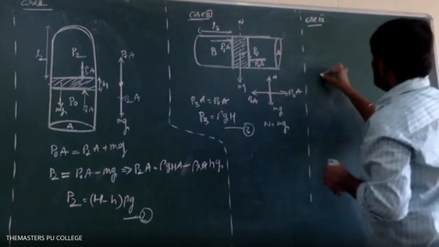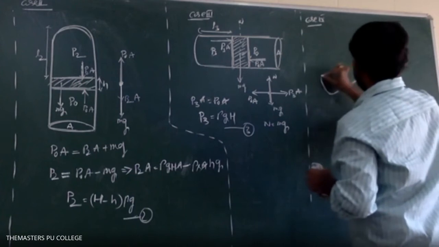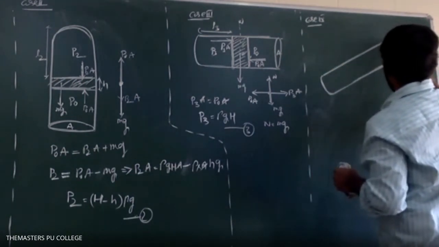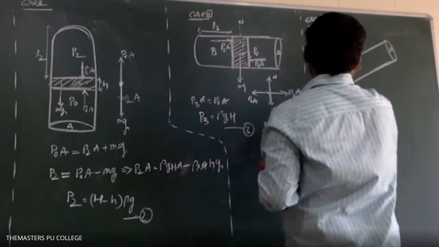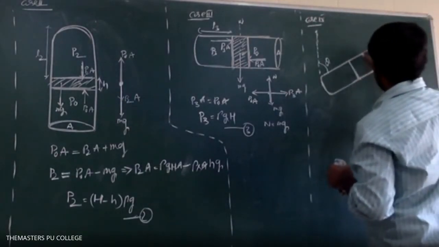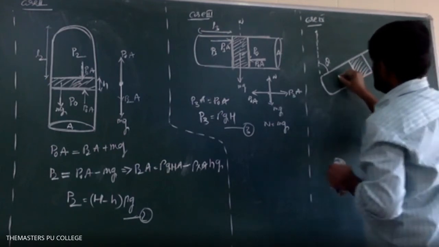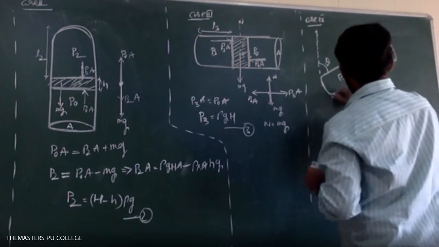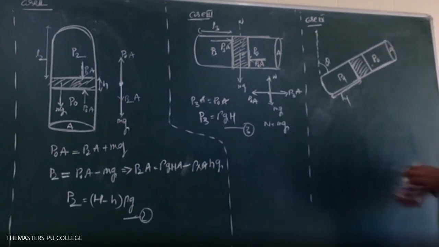If the tube is kept like this, with the same area A, inclined at an angle theta with the vertical, then what will happen in this case? List out the forces that are acting on it. Here it is P4. Let L4 be the length of the air column. This is exposed to the atmosphere, so this is P naught only.